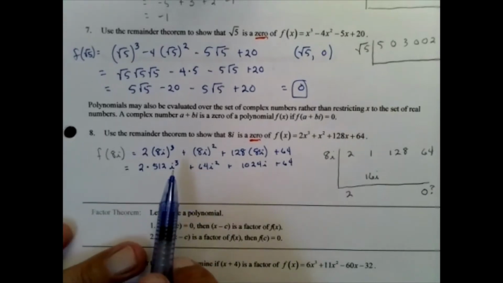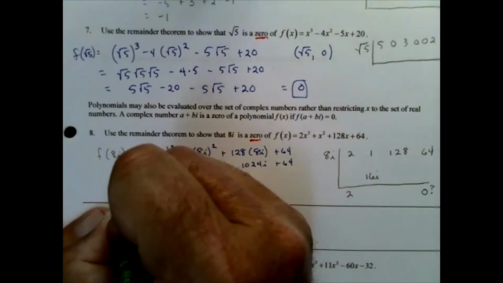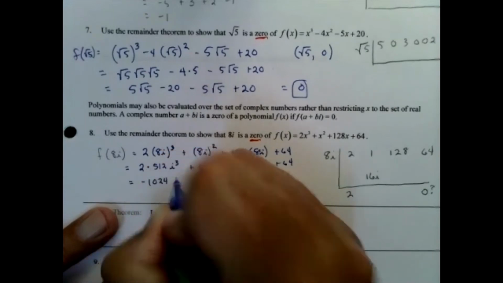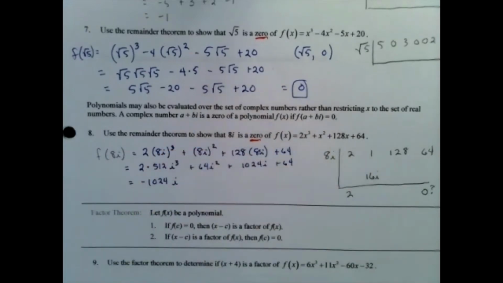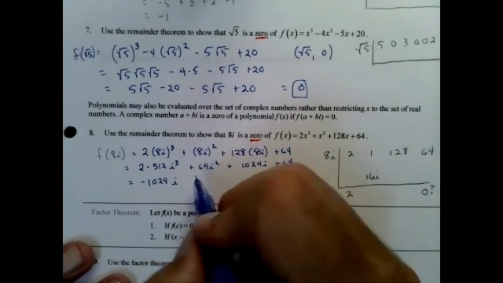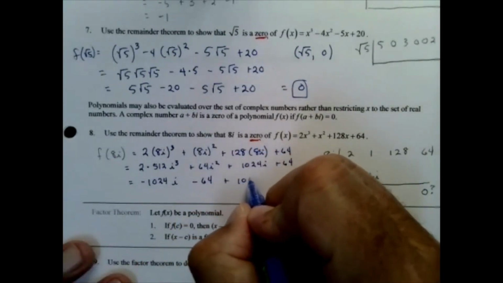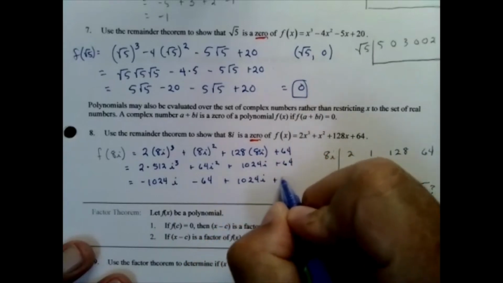i cubed was the same as i squared times i, which is negative i. So this actually becomes negative 1024i. i squared is negative 1, minus 64 plus 1024i plus 64.